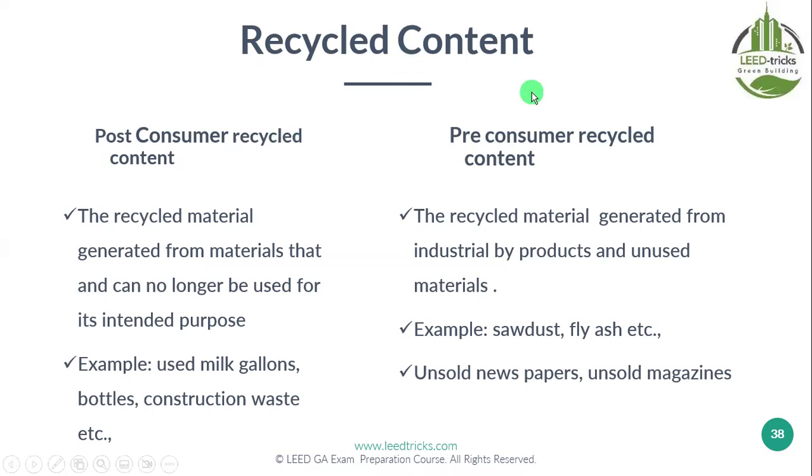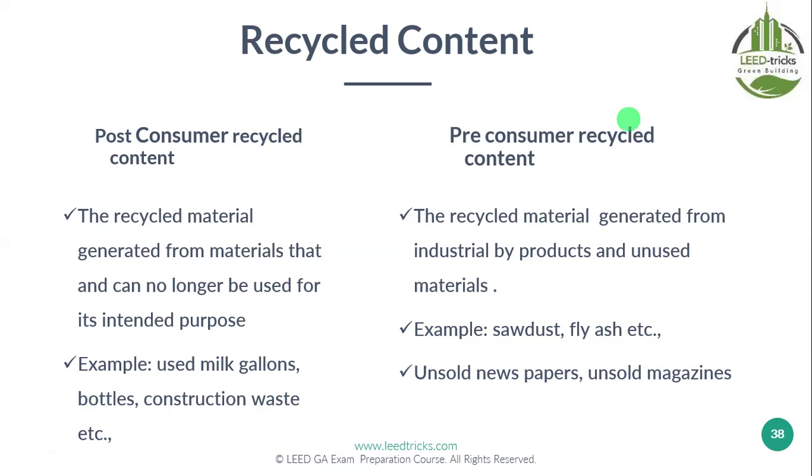We have two types of recycled content, post-consumer and pre-consumer. Post-consumer recycled content is, for example, used milk gallons or bottles and so on. It has been used. But pre-consumer is not used yet, but it's recycled also.